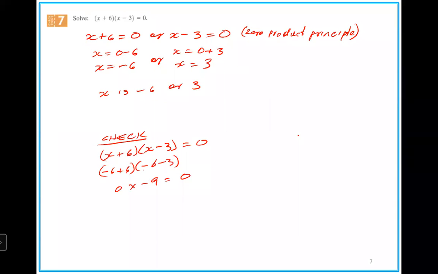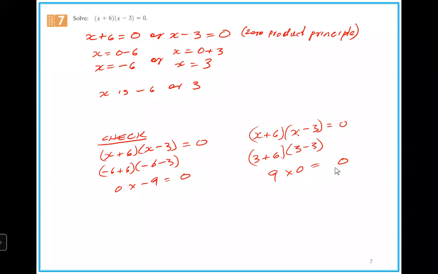That's true. And if you use the other one, which is 3, this is x plus 6 times x minus 3 equals 0. So if you use the positive 3 now, you would say 3 plus 6 times 3 minus 3. 3 plus 6 is 9. 3 minus 3 is 0. 9 times 0 equals 0.